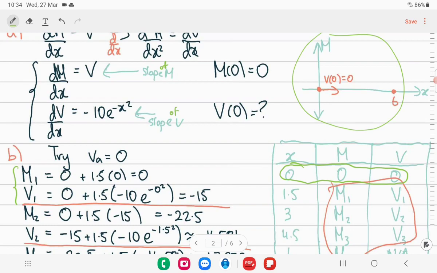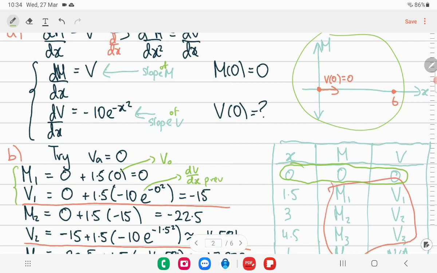Both the previous values were 0, so they're both equal. The previous value is 0, both same step size, and then the slope of m is v. So this here is actually the previous v. I might call it v0, for example. And then this is the previous dv dx.